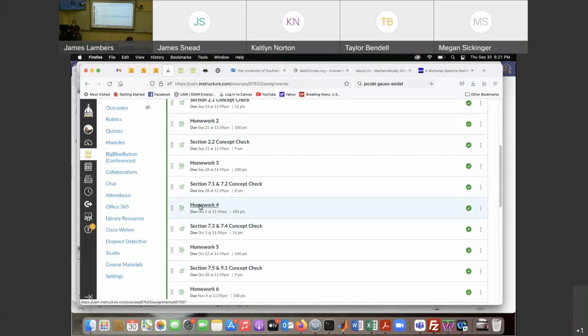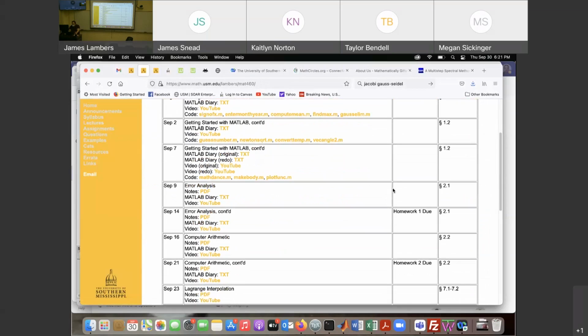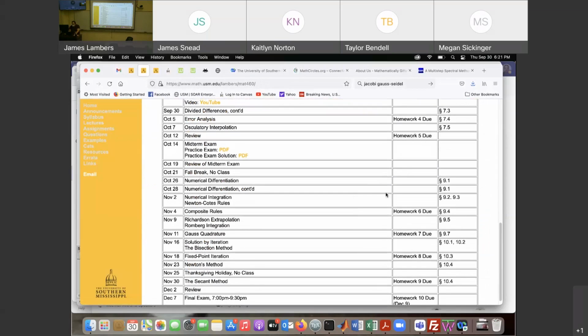I know that a lot of people are taking advantage of the fact that I'm not actually enforcing homework due dates, and there's going to be a period in the schedule where there aren't any new due dates. There's a gap here that you can take advantage of. As I mentioned, the midterm doesn't have MATLAB exercises on it.